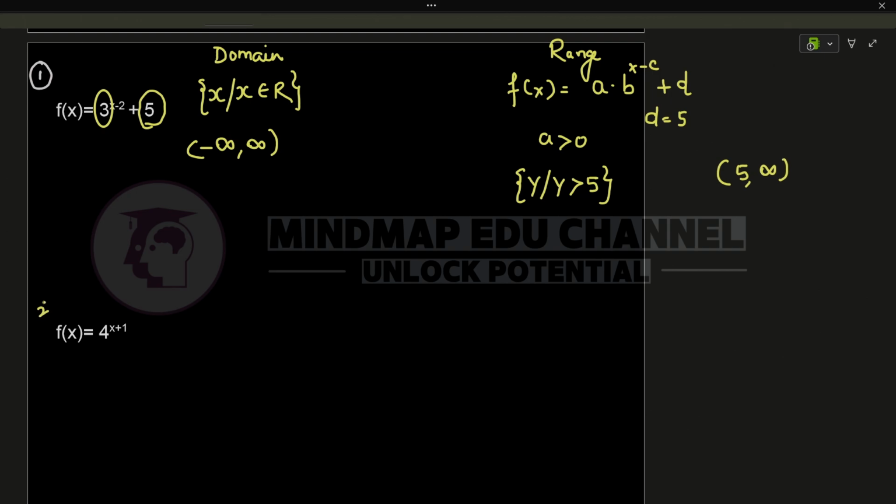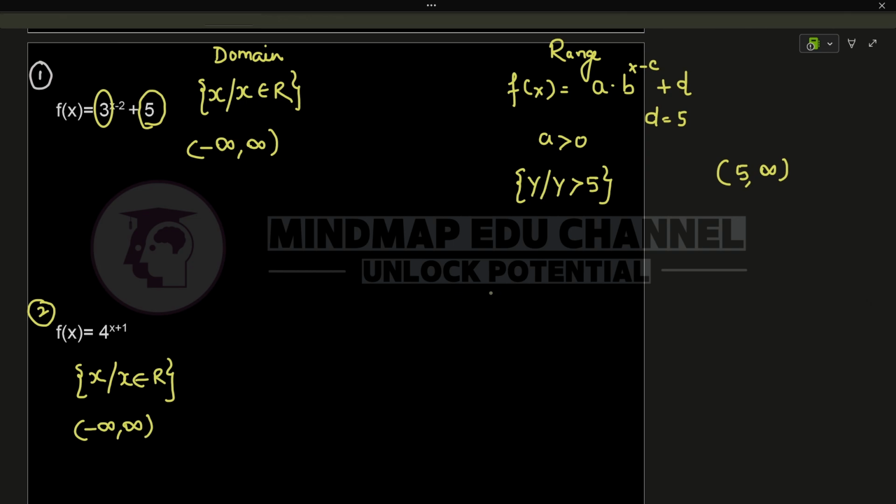Let's check the second function, where f(x) = 4 raised to (x plus 1). Always remember that the domain of an exponential function is a set of x values such that x is a set of all real numbers. And in interval notation, the domain is from minus infinity to plus infinity.